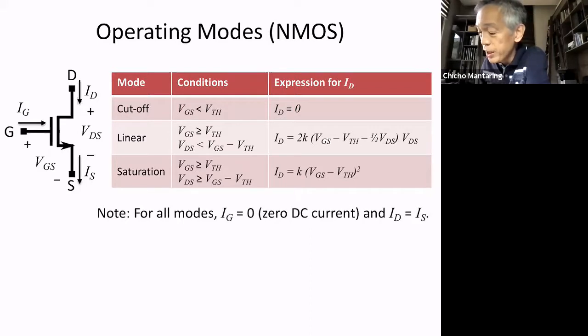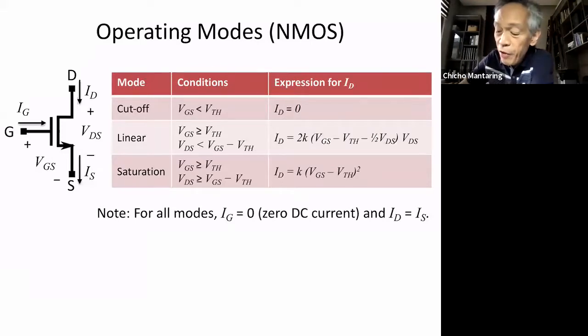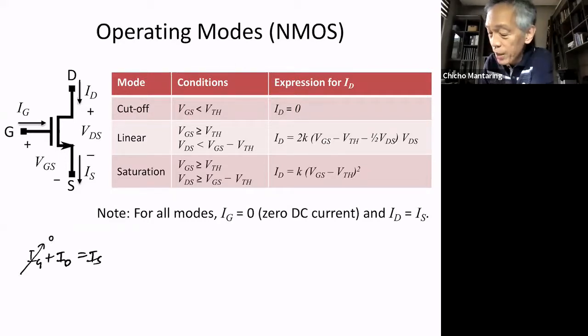For all modes, I sub G is equal to 0. If you follow KCL, just like the bipolar transistor, I sub G plus I sub D should be equal to I sub S. But if I sub G is equal to 0, then automatically I sub D is equal to I sub S. Whatever the current flowing into the drain will be the current flowing out of the source.